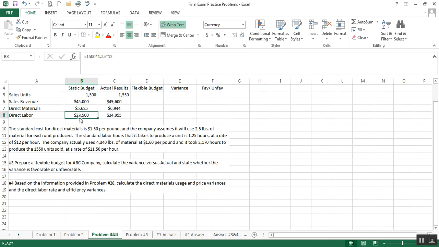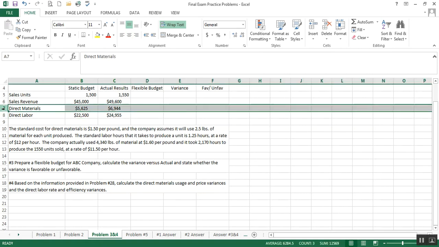And for direct labor, we're going to assume that it takes 1.25 hours, and we're paying our employees a rate of $12 per hour. So we're looking at total costs of $5,625 for direct materials and direct labor of $22,500.